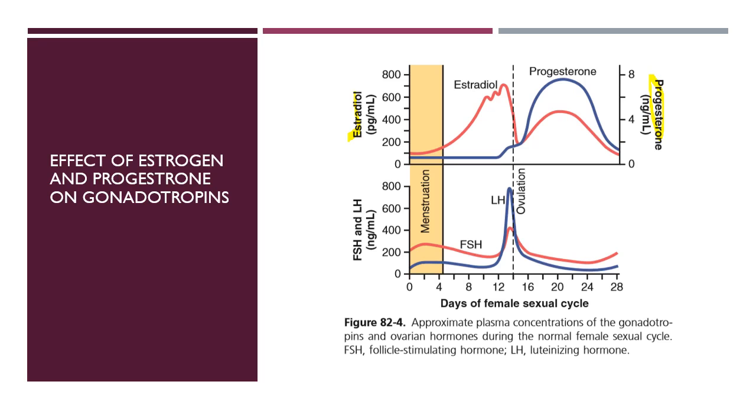It begins after menstruation. As you can see here, during menstruation, which starts at day 0 of the ovulatory cycle, the female sexual cycle, the levels of estrogen and progesterone are very low, almost 0.